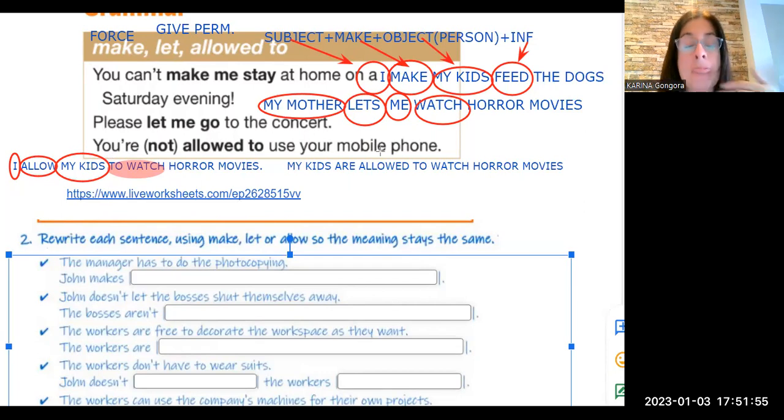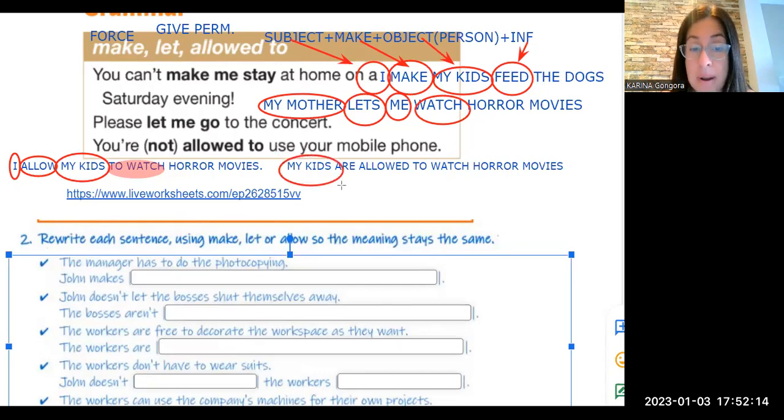¿Qué pasa? La mayoría del tiempo, en lugar de usarlo así, lo vamos a usar al revés. La persona que tiene el permiso y vamos a usar el allowed to in passive voice, right? So, what are we going to have? Remember, esto es al revés.